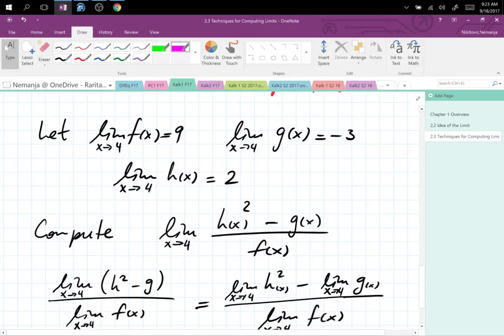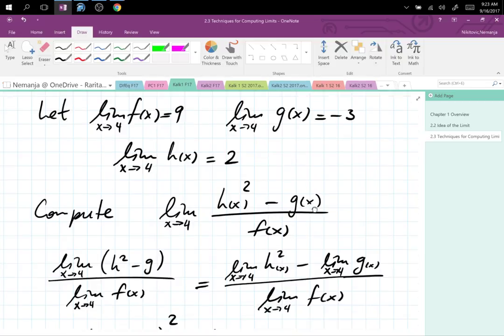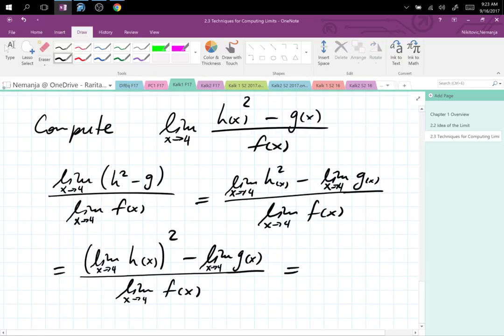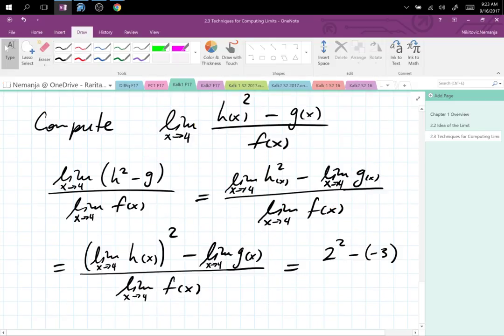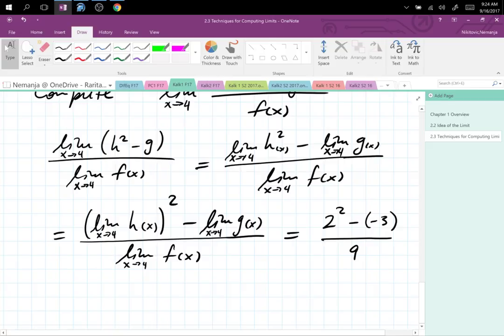It was defined to be 2. So you are replacing that block with 2. So we have 2 squared minus, I believe the block of g of x is -3, divided by 9. So this will be 4 plus 3 over 9, 7/9. So the limit of this particular combination of limits is 7/9.